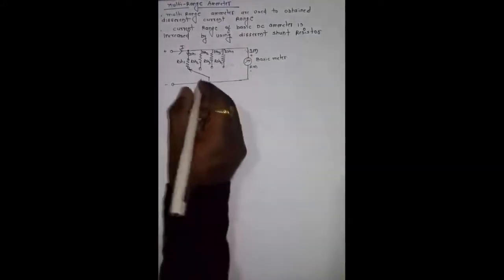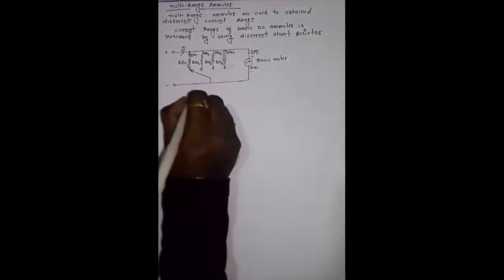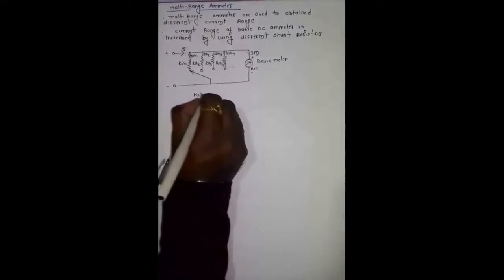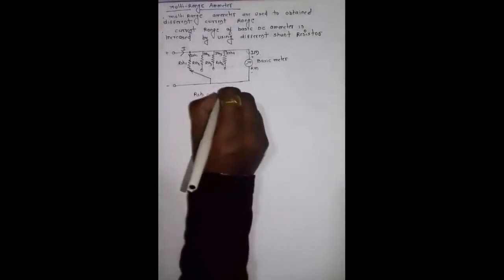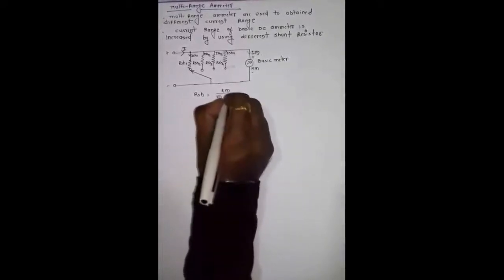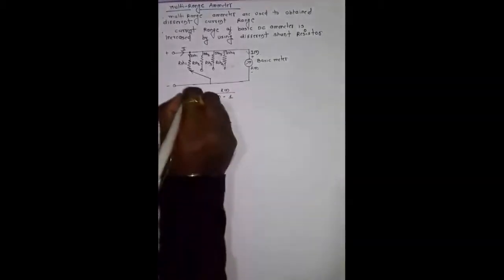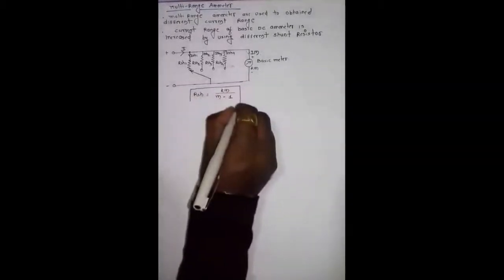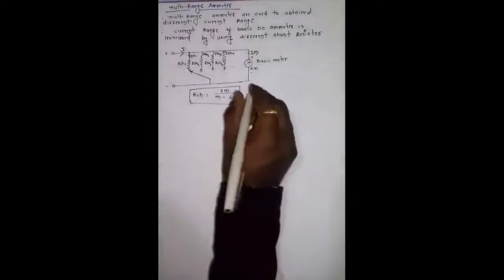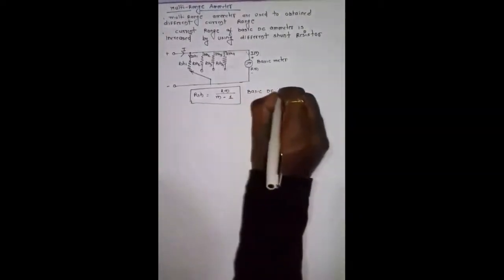From the basic DC ammeter we get this equation for shunt resistance: RSH equals Rm upon M minus 1, where M is the multiplying power of the shunt. This is the equation for the basic DC ammeter.